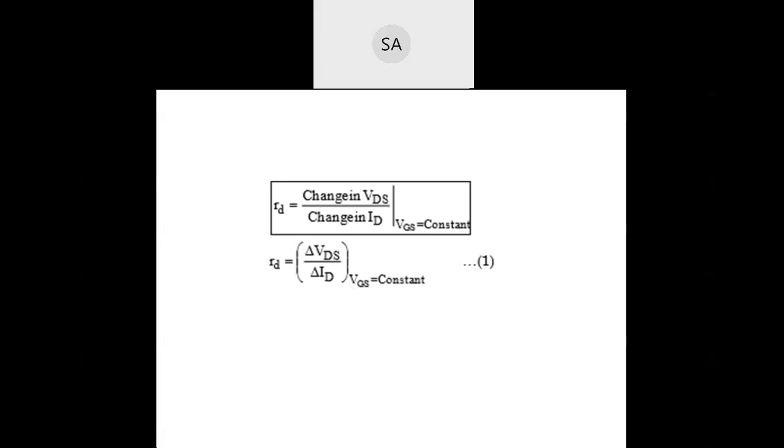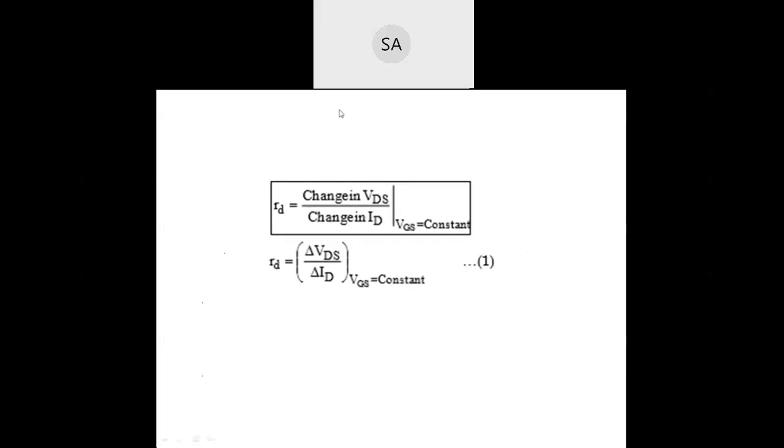Similarly for RD, if you take the DC value, VDS by ID, we call it the drain resistance. But here we are considering the change, the AC drain resistance: the change in the value of VDS to the change in the value of ID. The change in value is represented by the symbol delta.